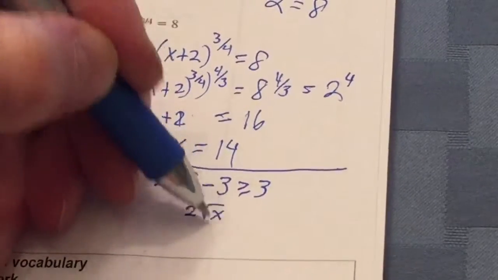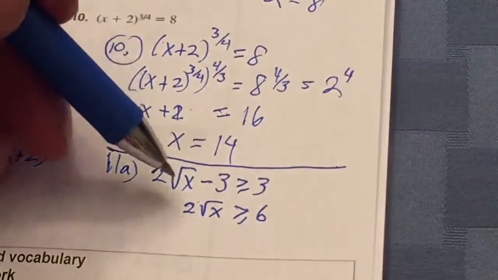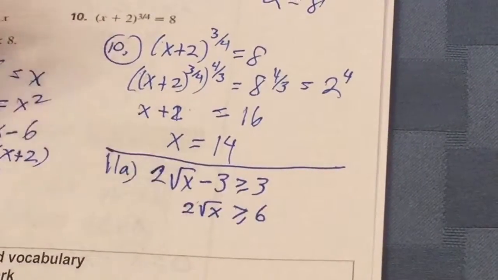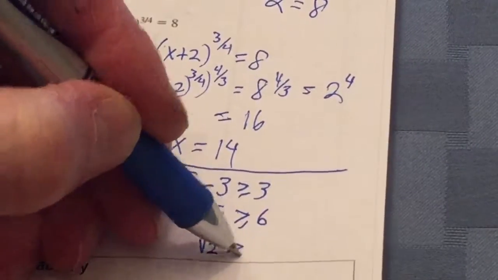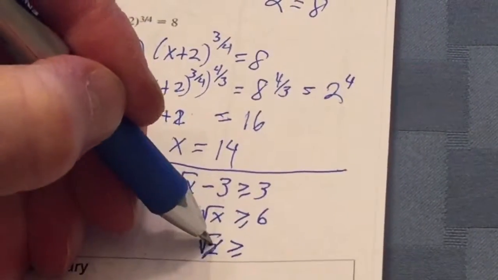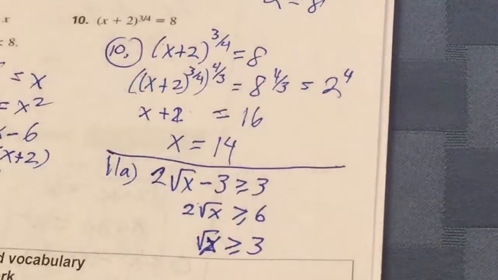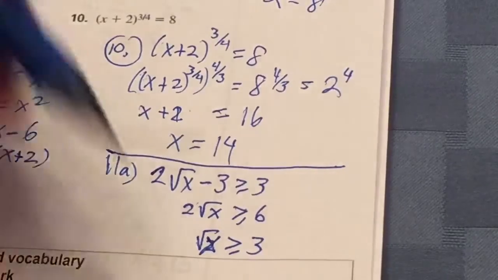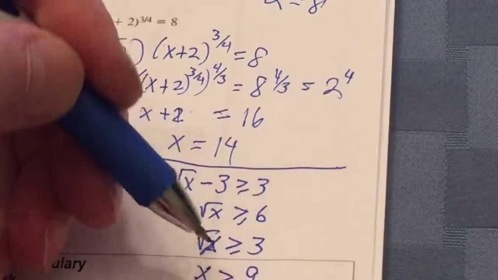So that gives us 2 root of x is greater than or equal to 6. If we add 3 to both sides, takes away the negative. Divide by 2 on both sides. Now we didn't divide by negative 2, so we don't have to turn around our inequality. So that's 3. And then to undo the square root, we will square, and it makes that 9.